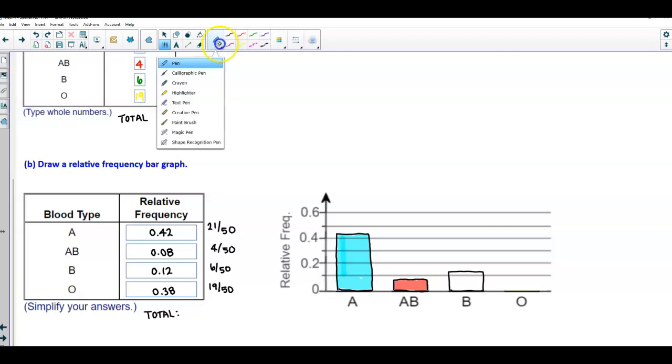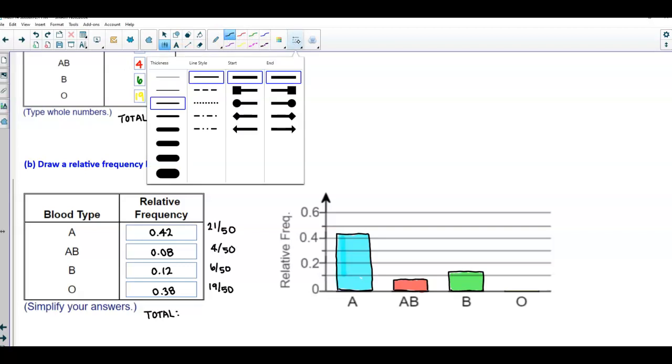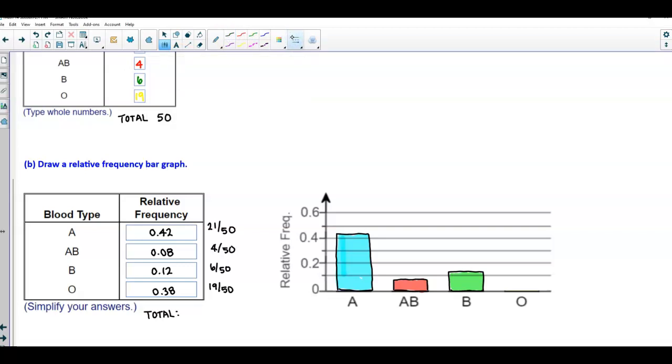So we're going to color that one in. And then the last one, we have 0.38, so that's just underneath the 0.40. So let's go ahead and fill that in for the relative frequency bar graph.